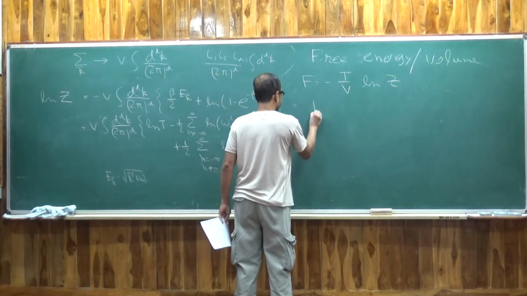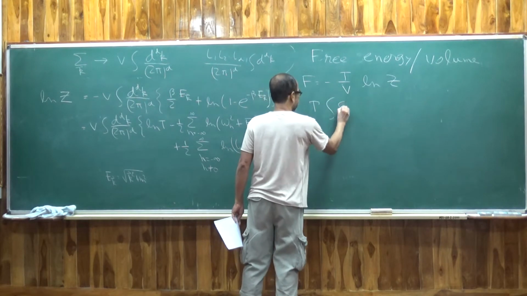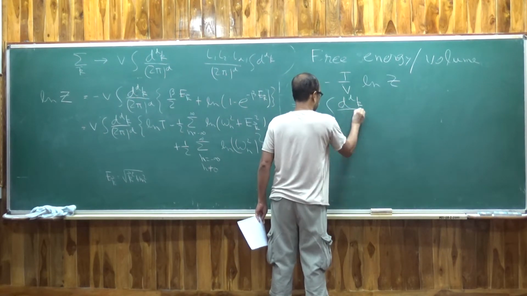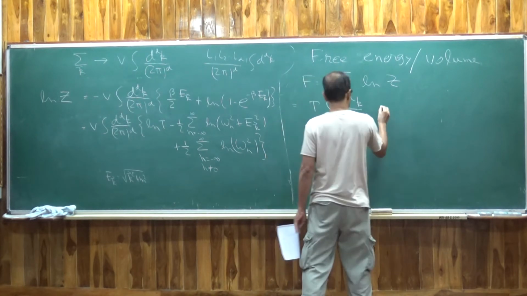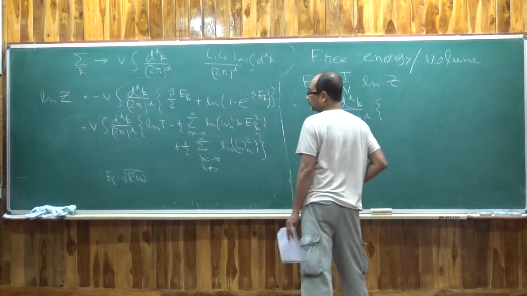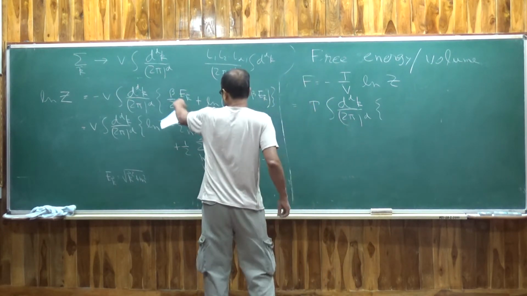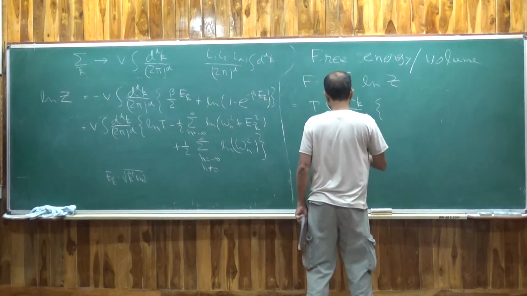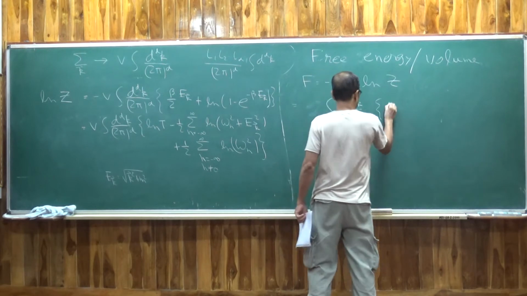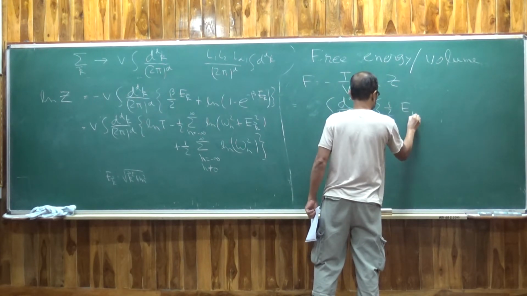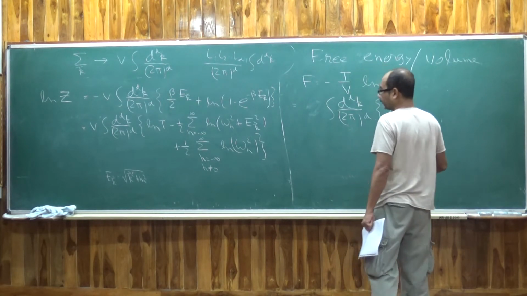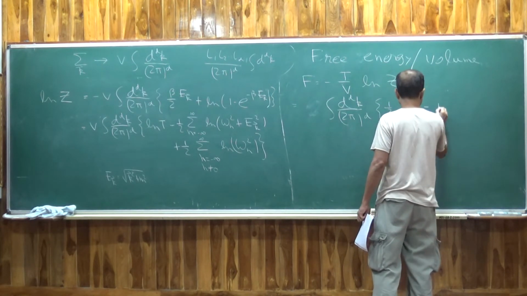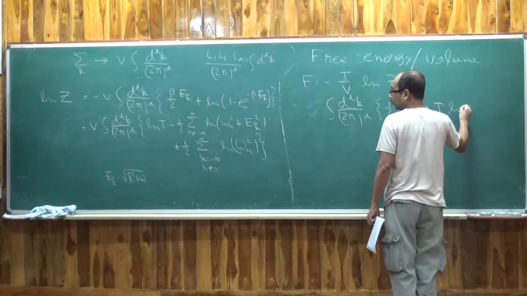It's given by T integral d^3k over (2 pi)^3. Okay, T actually cancels this beta. So let me write this. Forget about this T. Half omega_k minus T log.